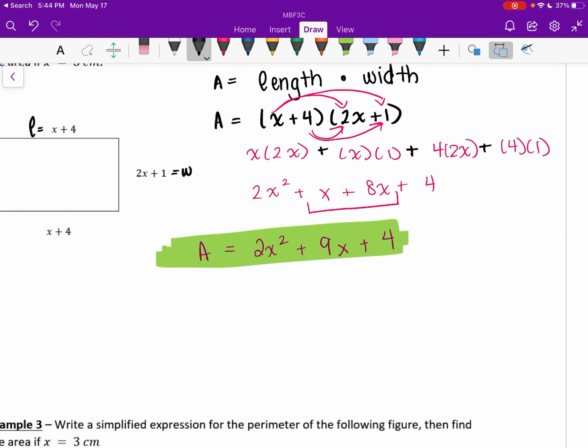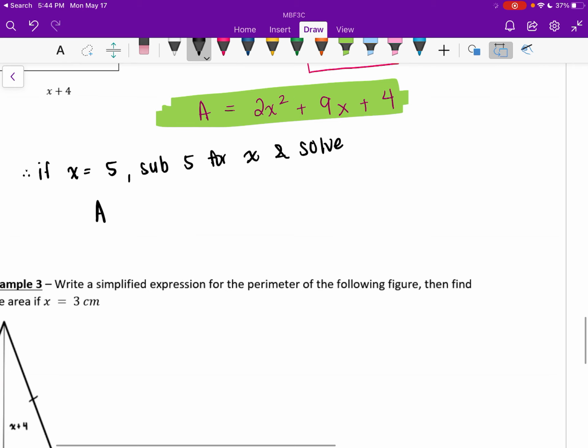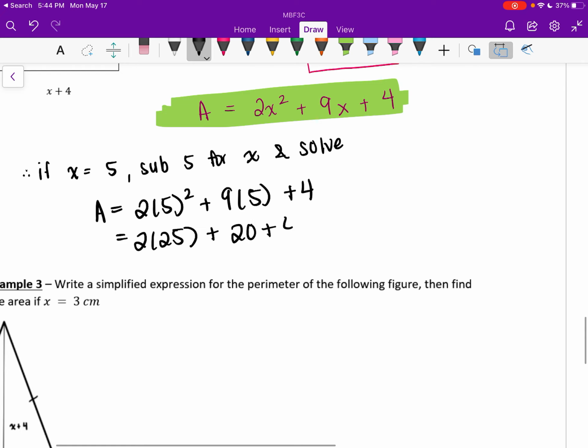And so if I want to find out, therefore, if x is equal to 5, sub 5 for x, and solve. Right, so let's do that. So let's do A is equal to 2 times 5 squared plus 9 times 5 plus 4. 5 squared is going to be 25. 2 times 25 is 50, plus 45, plus 4.